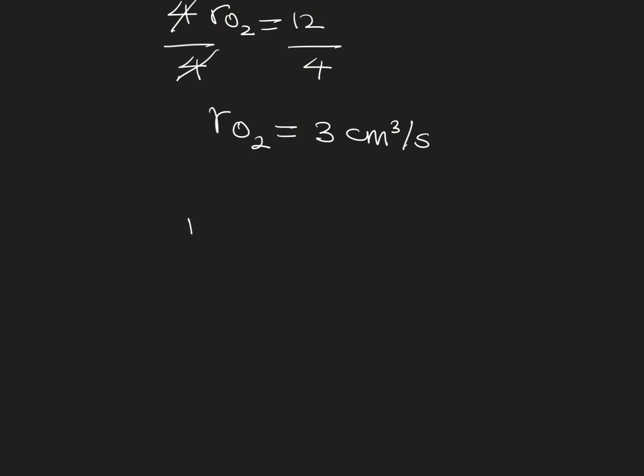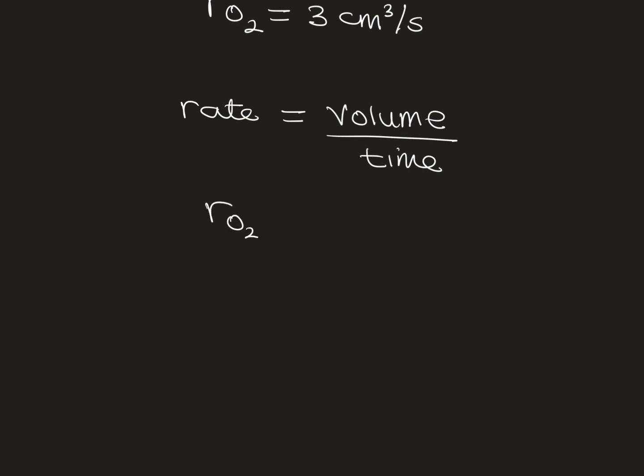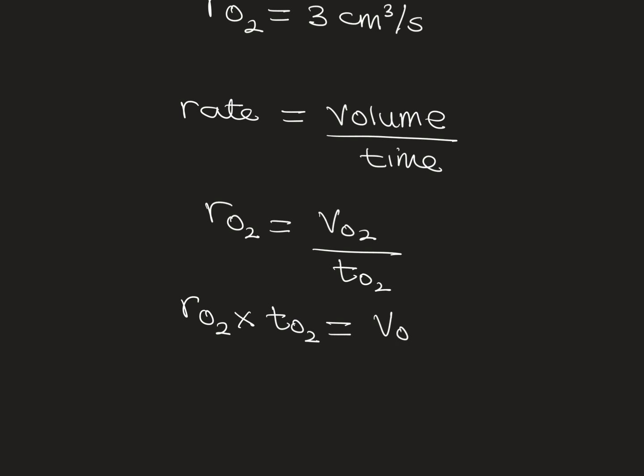But we know that rate is equal to volume divided by time. So that is to say, the rate of oxygen gas is equal to the volume of the oxygen gas divided by the time it takes for the oxygen gas to diffuse. If I cross multiply, I will have the rate of diffusion of oxygen gas multiplied by the time it takes for oxygen gas to diffuse equal to the volume of the oxygen gas.